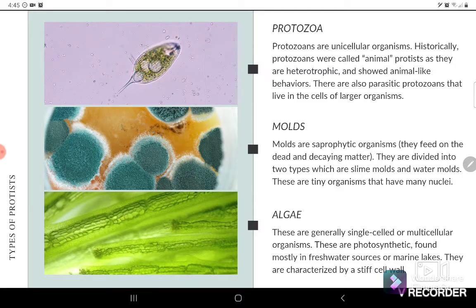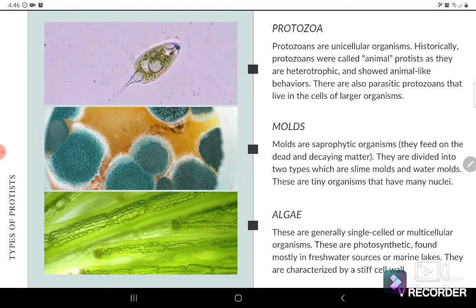Some are shaped like a slipper, like for example the paramecium. While some protozoans do not really have a definite shape, for example, the amoeba. So that is an example of a feature that makes them distinct from one another.